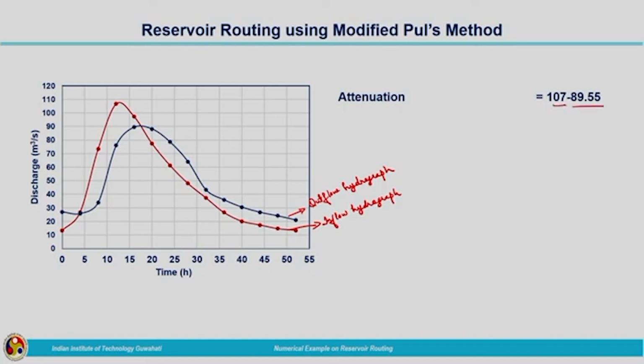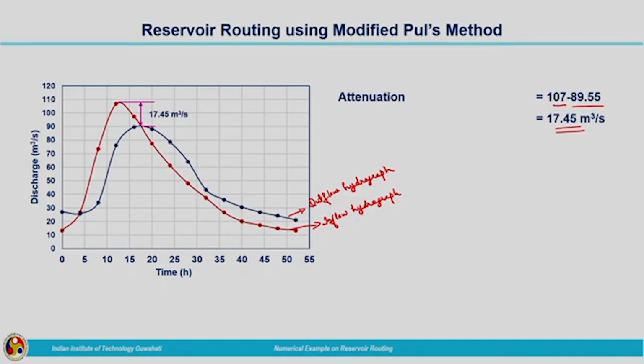107 minus 89.55, this value is coming out to be 17.45 meter cube per second. Attenuation is observed to be 17.45 meter cube per second in this case. So, that can be marked like this. This is 17.45 meter cube per second, that is the reduction in peak taken place as the flood hydrograph is routed through the reservoir.